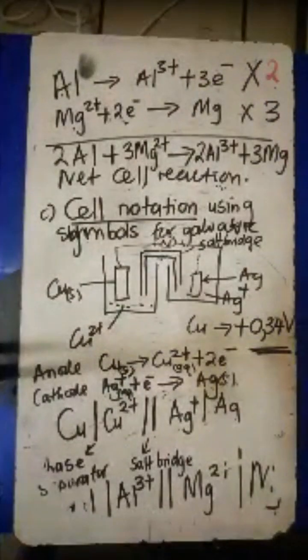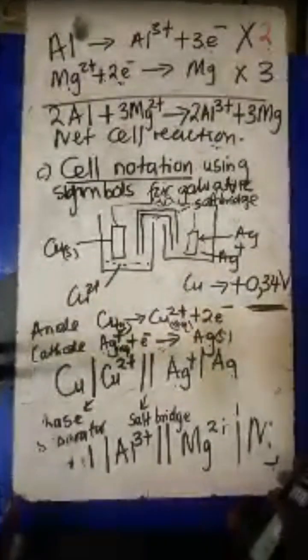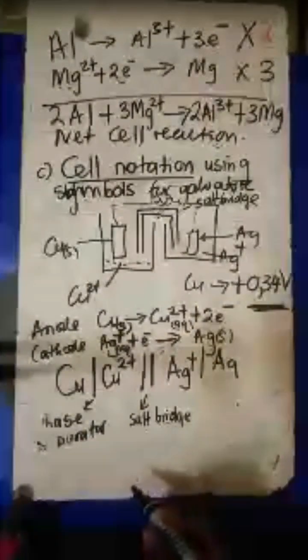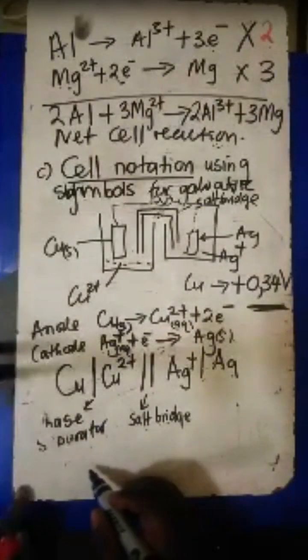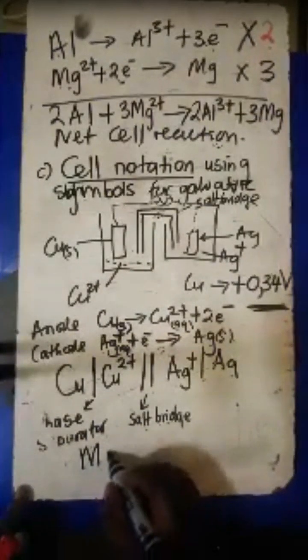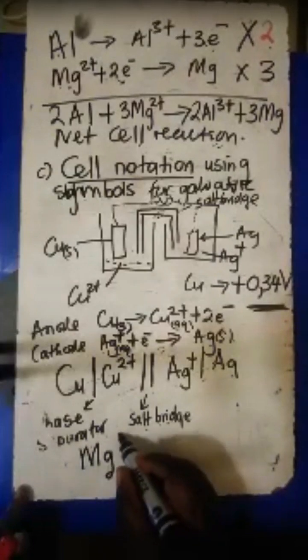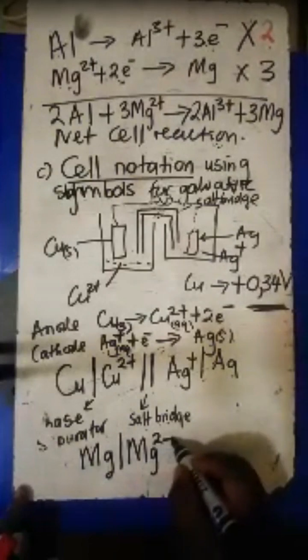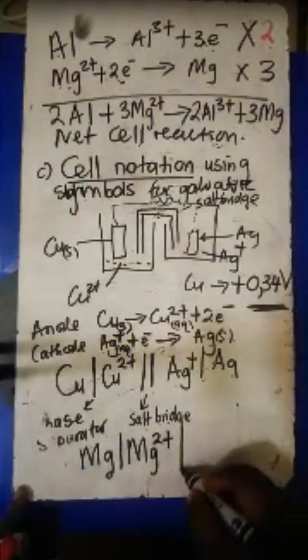If you are telling me magnesium is the anode, you are saying magnesium is the anode, right? Yes. So if magnesium is the anode, magnesium first. You write the anode first in the cell notation, which means you have to correct our cell notation there.